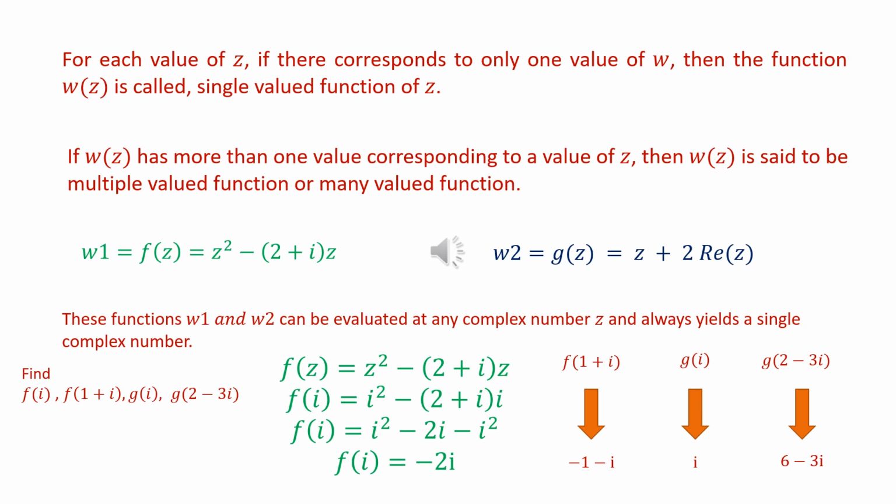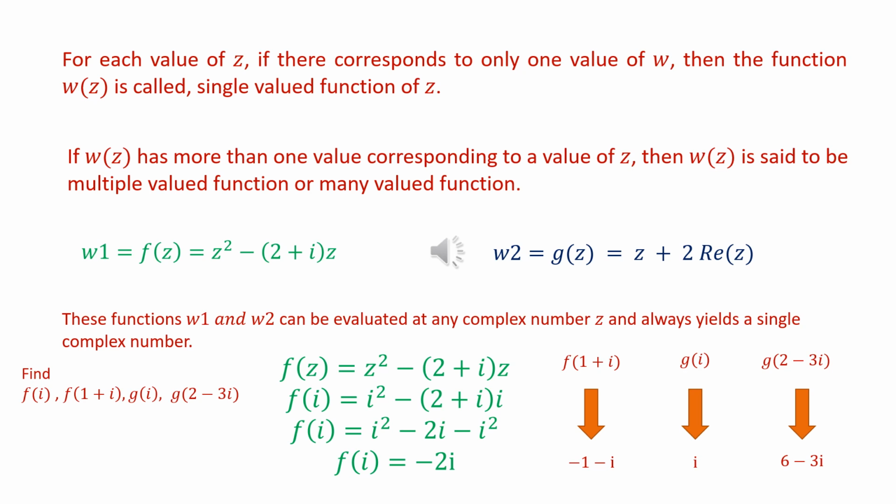2 minus 3i. Now to start with, let us find f of i corresponding to the function w1 is equal to f of z, which is z square minus (2 plus i) into z. Now you substitute i for z in this function, which gives i square minus (2 plus i) into i, and further simplification results in f of i as minus 2i.